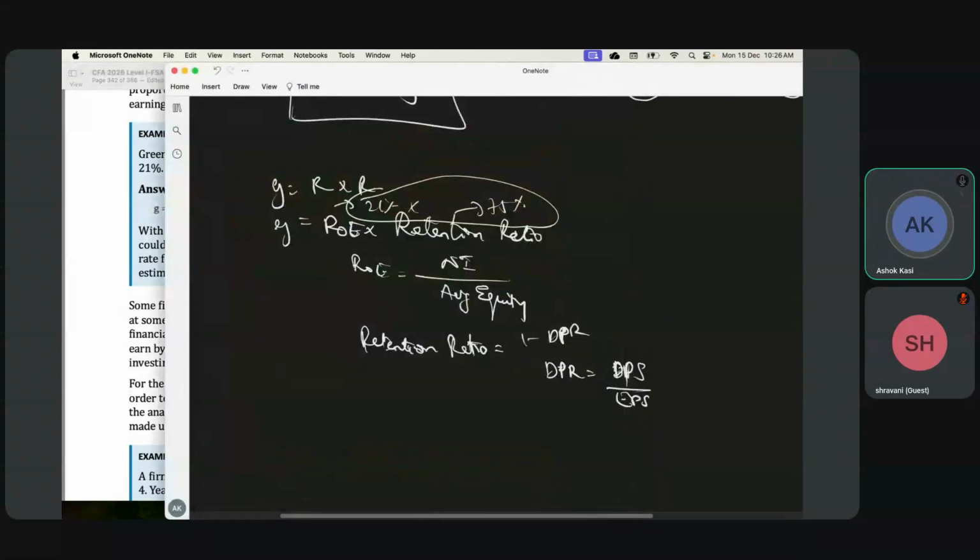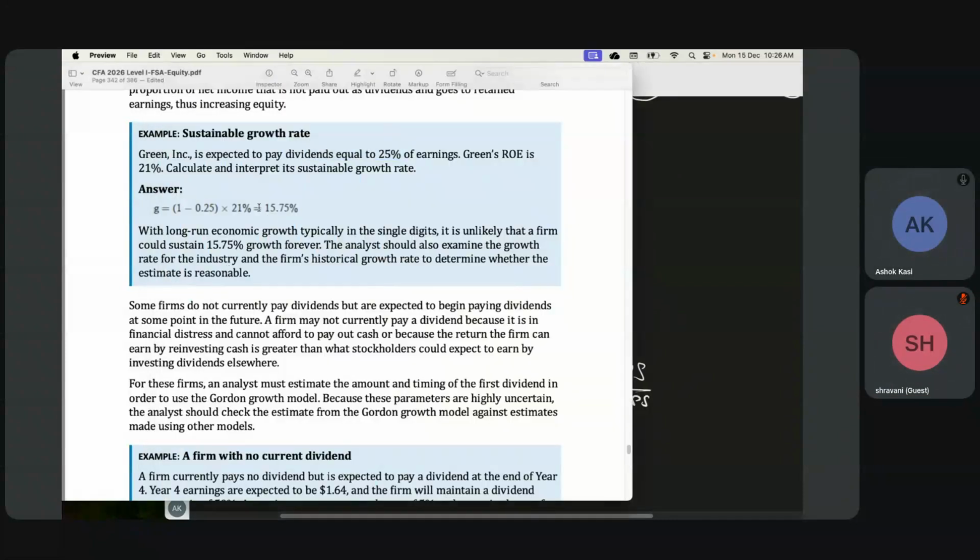That is 15.75%. Are you getting it? Yes. Okay.